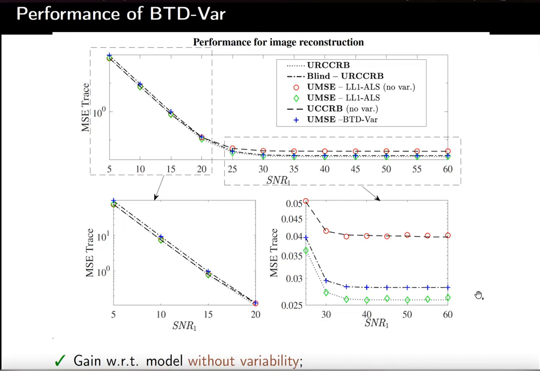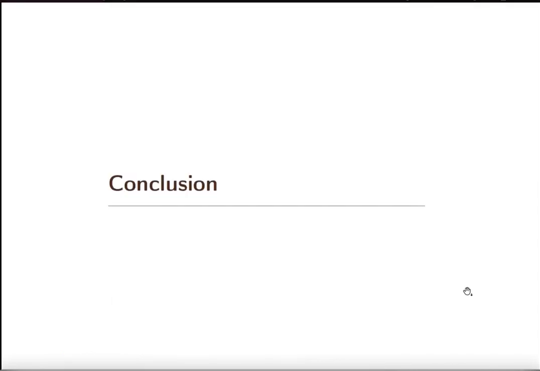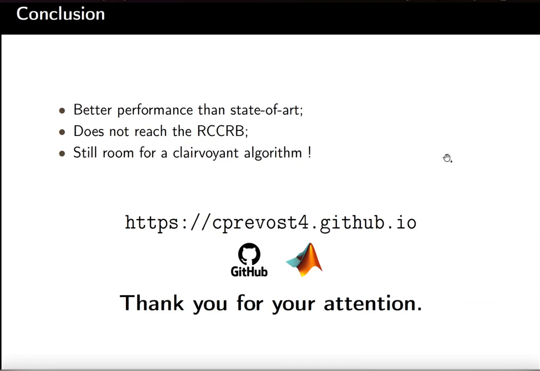But it also gives room to design a new estimator that would be able to reach this bound, provided that it could give an estimate of the variability phenomenon. To wrap up, I proposed an algorithm that is better than the state of the art without variability, but still does not reach the best performance of the model, which gives room for future work.